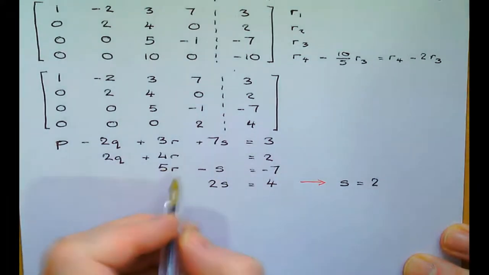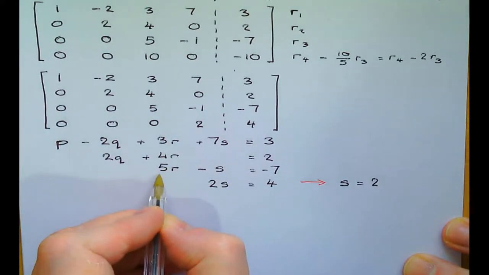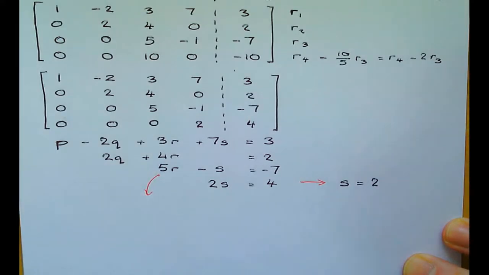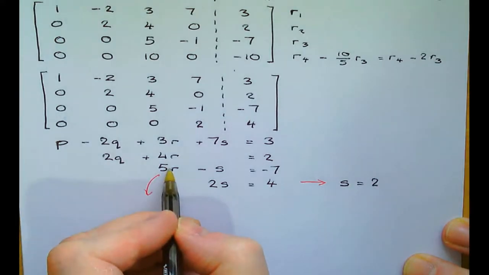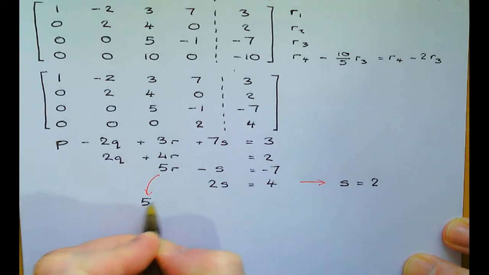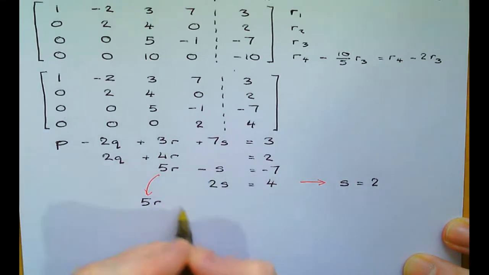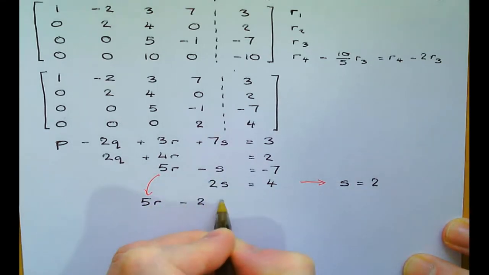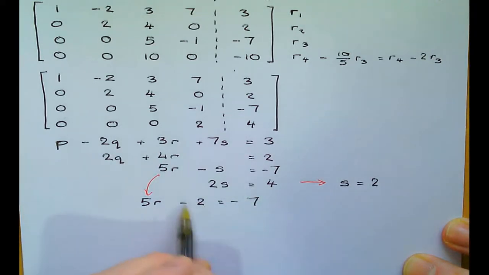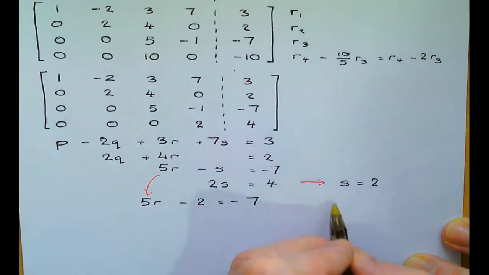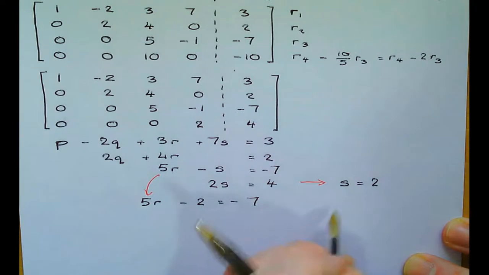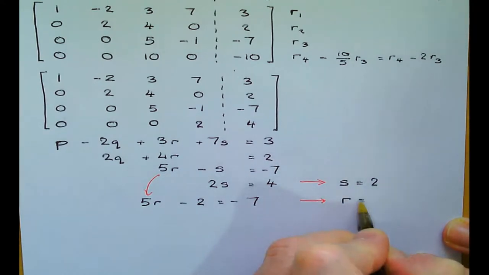Then we move back to the third equation, which now tells us 5R minus S, so that's 5R minus 2 is minus 7. Add 2 to each side, 5R is equal to minus 5. So we get here that R is equal to minus 1.